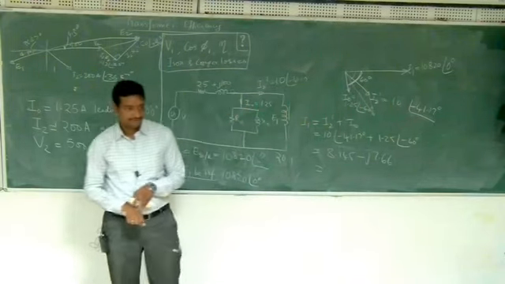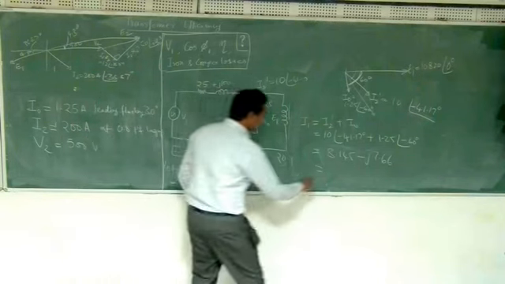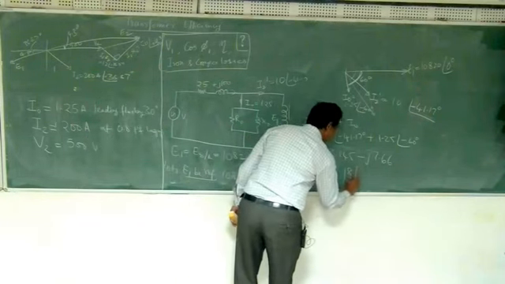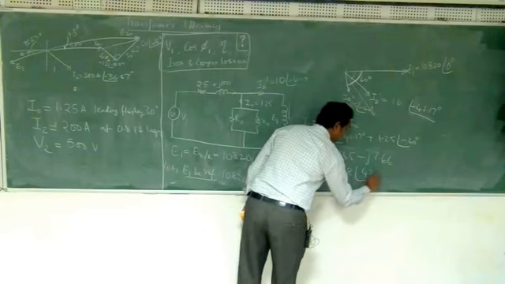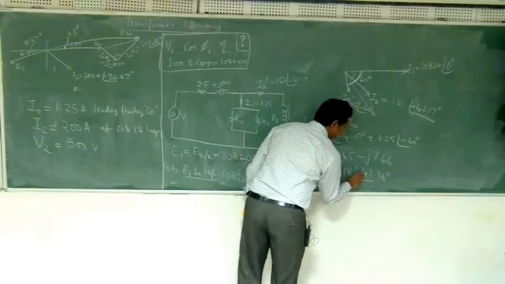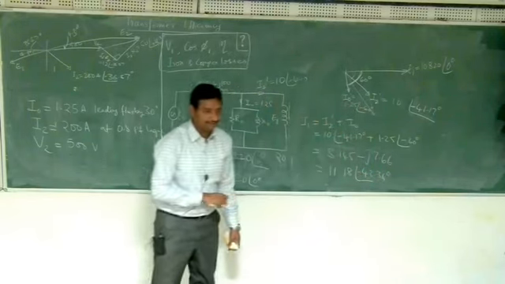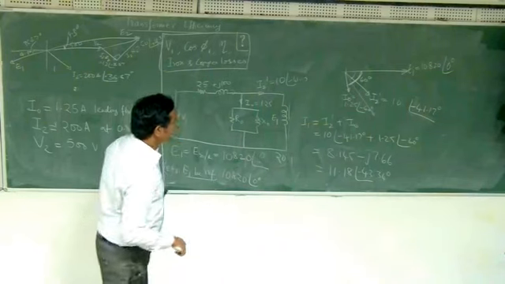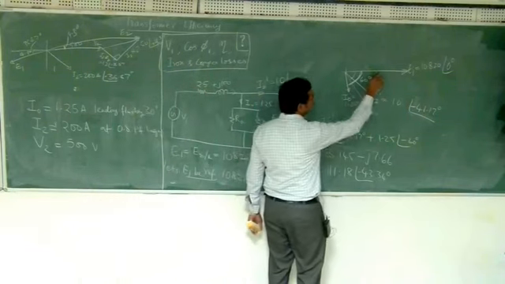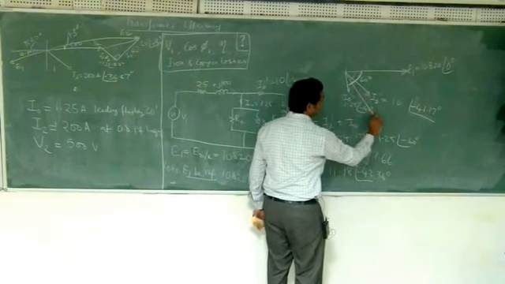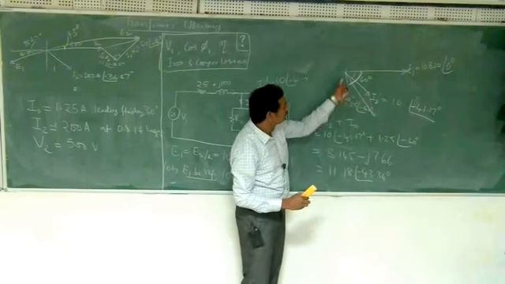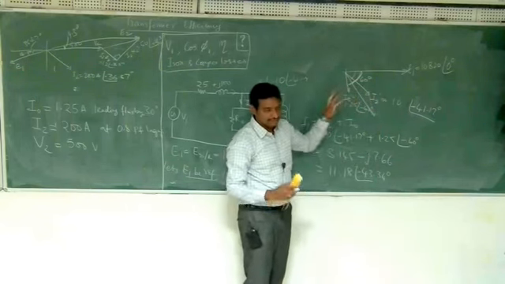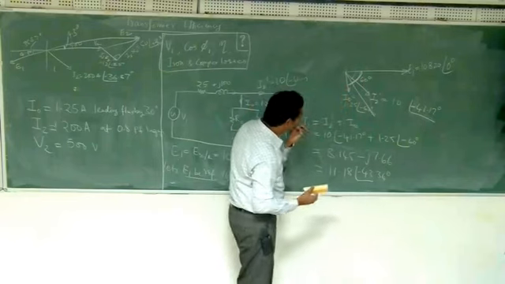How much will it be? 11.18, 43.34 degrees, and of course there will be a minus sign for the angle. So this angle will be between these two. If I add two vectors, then the resultant vector will not be exactly in the middle, but it will be between those two.